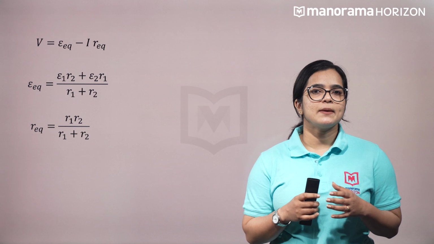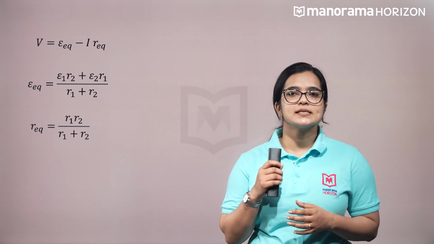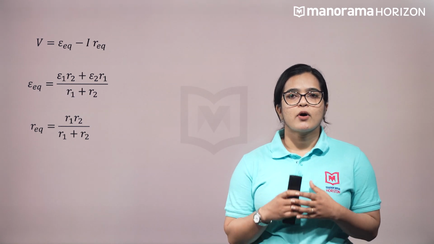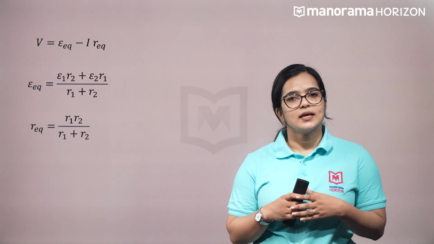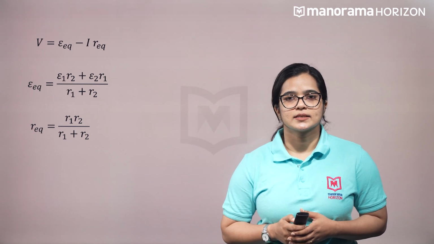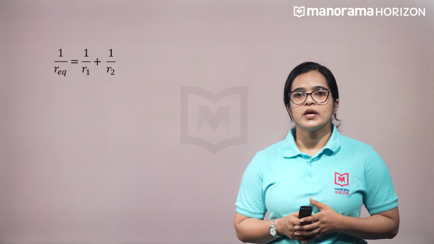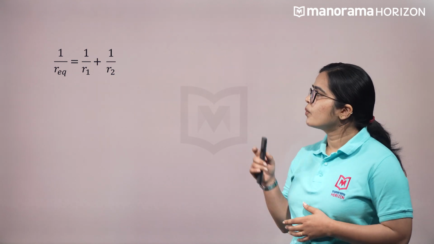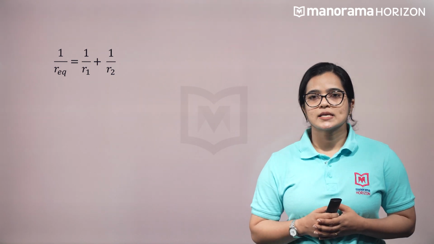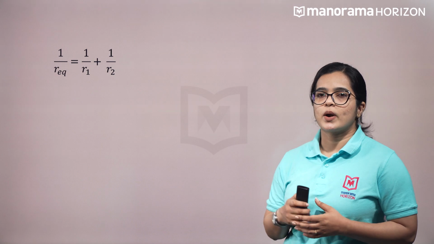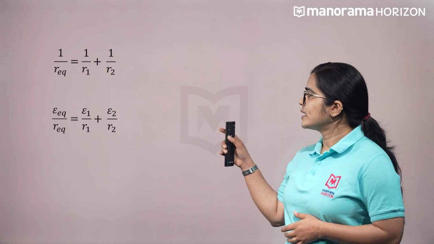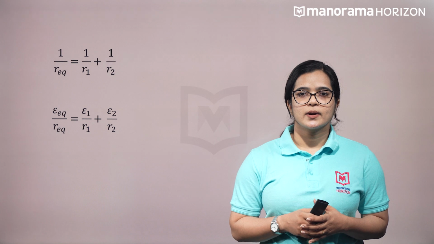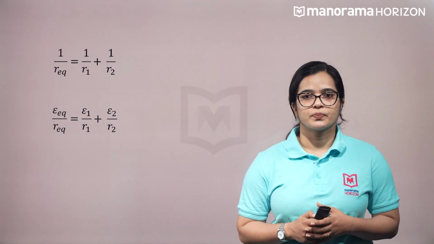That is, we can replace the combination by a single cell between the points B1 and B2 with EMF E equivalent and internal resistance R equivalent. Expressing the above equations in a similar way, 1 by R equivalent equals 1 by R1 plus 1 by R2, or E equivalent by R equivalent equals E1 by R1 plus E2 by R2.